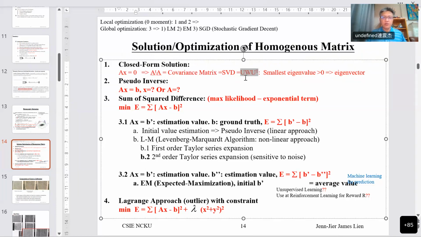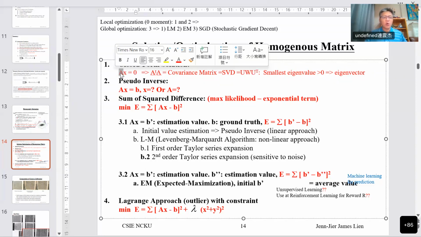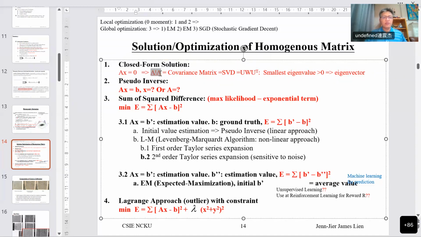So U and U both come from the original UWVT, but it's symmetric. Because X is input data and has value, and the equation equals 0, we should have one solution.